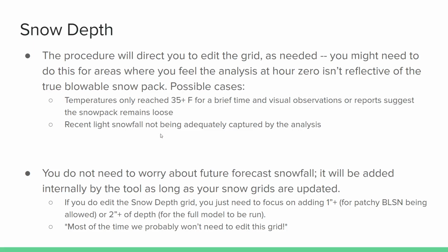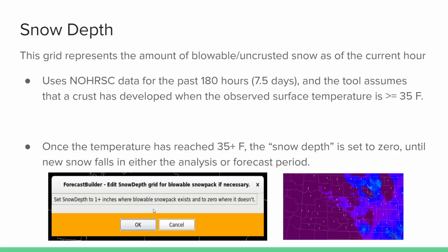We'll go through it, but you'll get flagged with a GUI that'll pop up saying to look at this single snow depth grid, and you can add snow in if there's part of the snowpack that may be missing. Just at least set it equal to greater than 1. 1 will limit you to areas of blowing snow, but if you set it to greater than 2 inches, you have no limits to what blowing snow can come out as, and we'll talk about that.